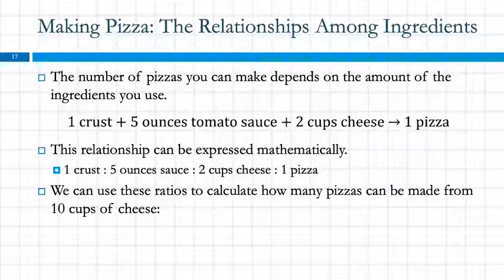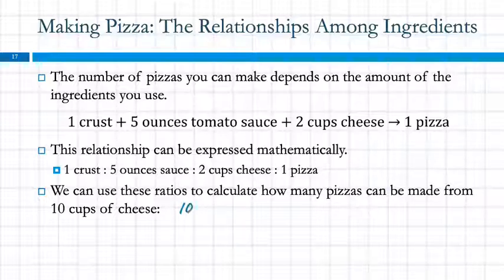Now, you can probably do that in your head, but the point of this is that you can do it in your head, and we're going to see how we do it mathematically as well, because when we do octane and CO2, it doesn't work out so well in your head, right? So this is where dimensional analysis becomes super important, and makes all of this much easier. So we want to know how many pizzas can be made from 10 cups of cheese.